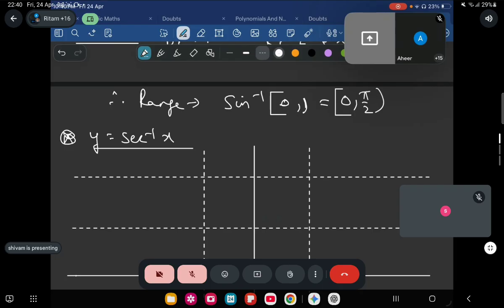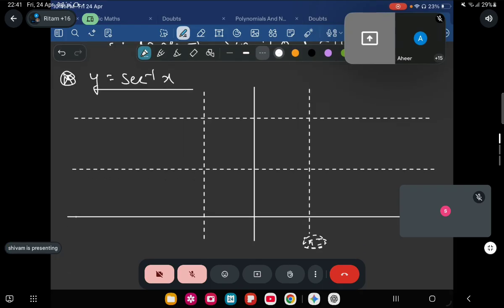Next, wait. This is x equal to 1 and this is x equal to minus 1. Okay, tell me, what is sec inverse 1? Tell me, everyone. What is the value of sec inverse 1?